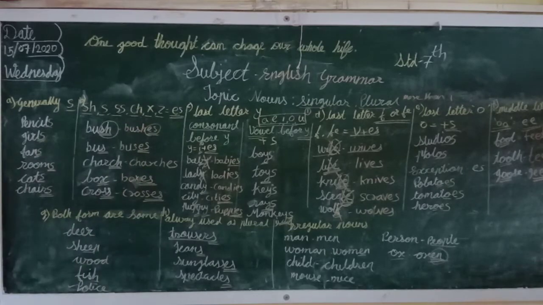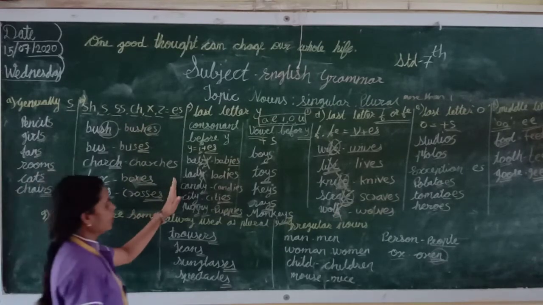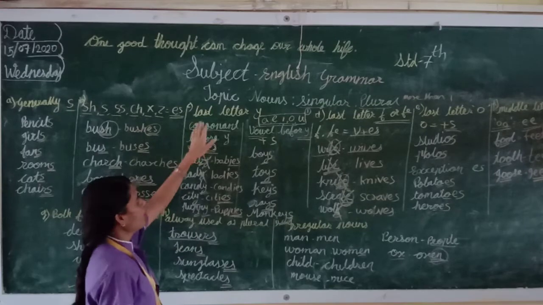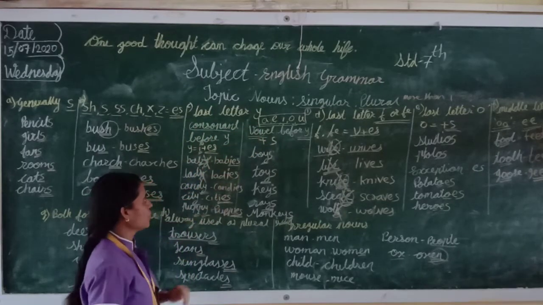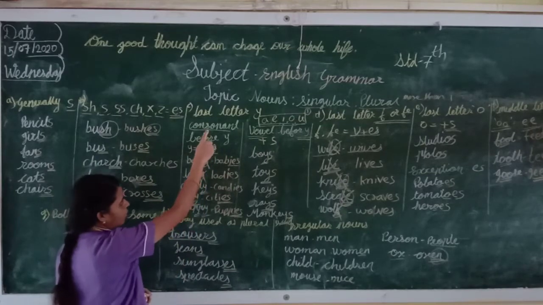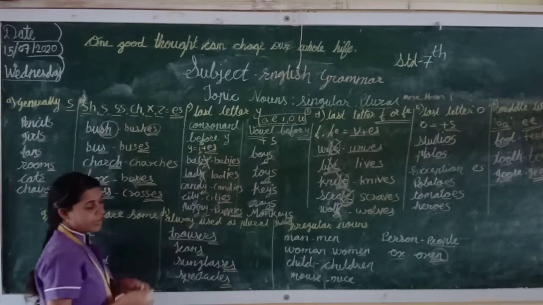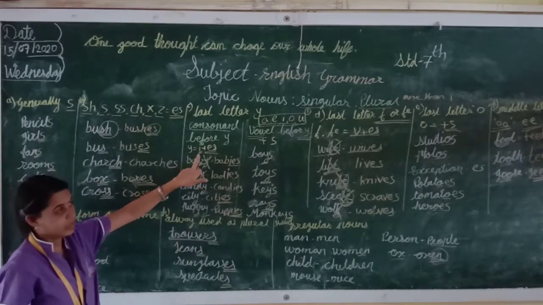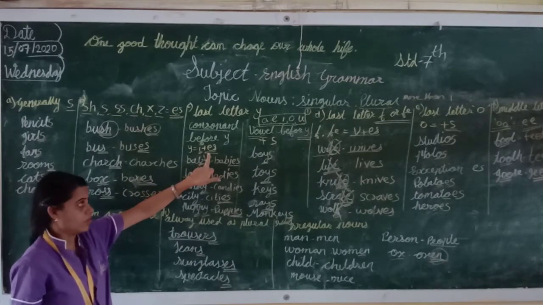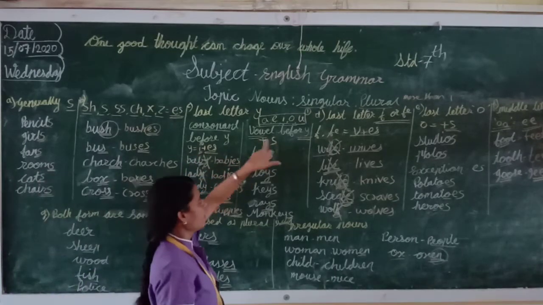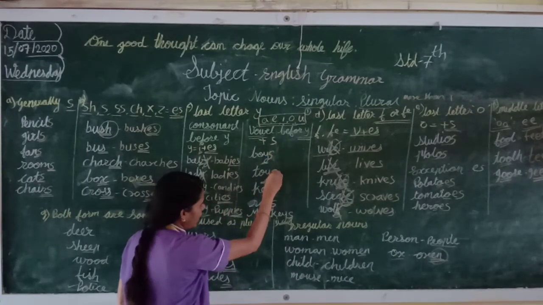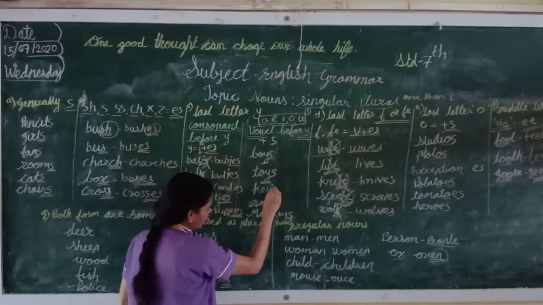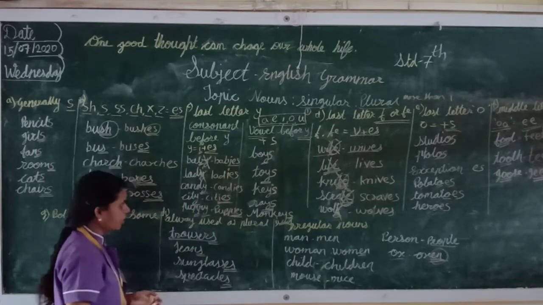I hope students you understood. Now next rule. Last letter is Y. There also are two conditions. If before Y there is a consonant, then we convert Y into I and join ES. And if before Y there is a vowel, we just join S. We will not convert Y into I. Understood?